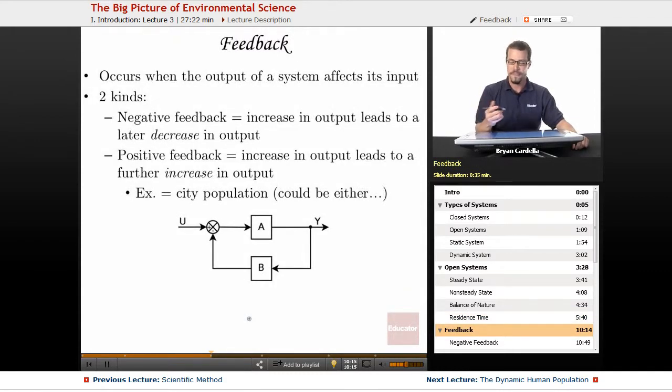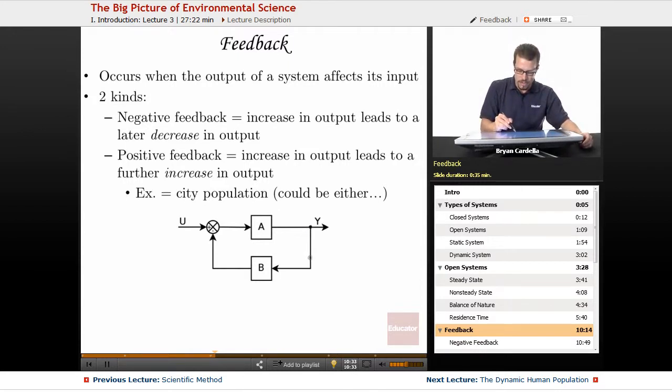All right, feedback. Feedback occurs when the output of a system has some kind of effect on its input. This is a good diagram here. We have something that's causing A to accumulate a product, to lead to some kind of end.